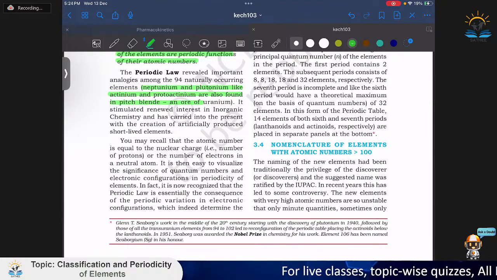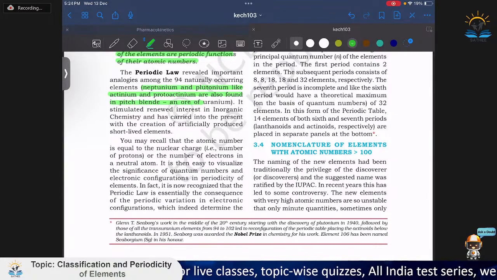I'll explain it to you. Before this line, it says that the law was given only for the naturally occurring 94 elements. After 94, there are no naturally occurring elements. All of them are synthesized.